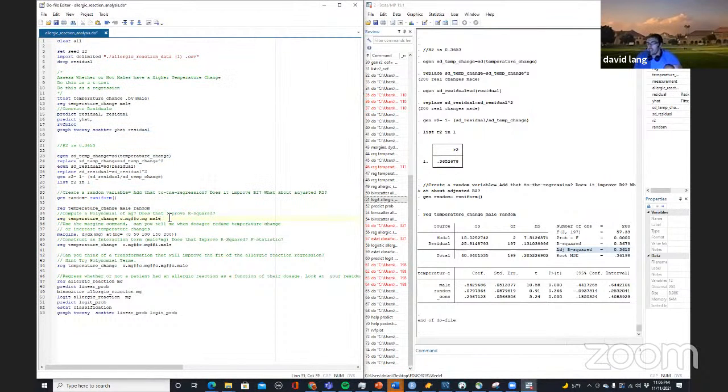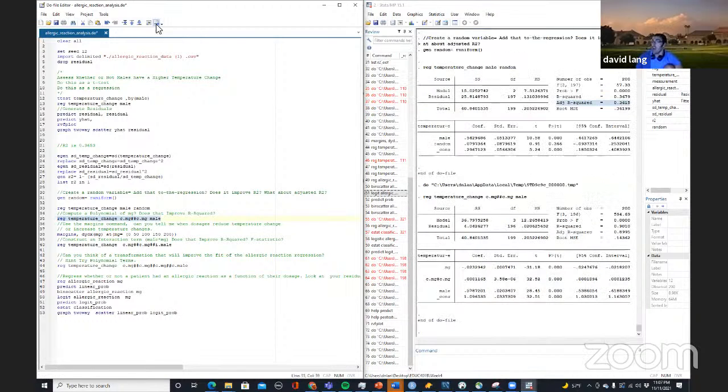Next step, we're asked to include a polynomial of milligrams, and does that improve the predicted relationship with temperature change? We can do that really quick. And if you use this c.milligrams## notation, you have a couple of nice affordances. One of which is that you don't need to type in the same number of terms as often, so we don't need to write milligrams, milligrams, and then the interaction.